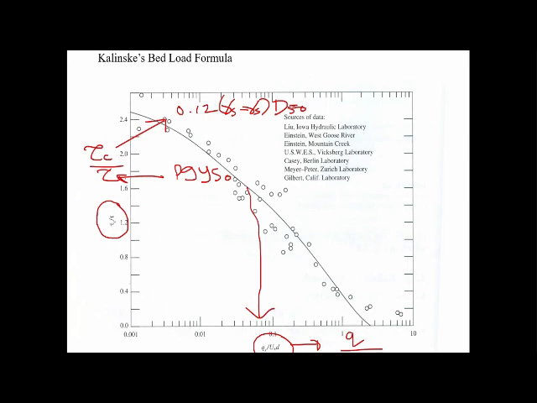Okay, so U star you can calculate using the equation that we learned last week, or last week, I don't remember, which equals the square root of g R S naught. Then d50 is the diameter of the particle. Then you can get the value of your sediment transport.